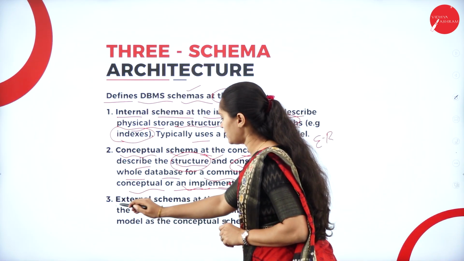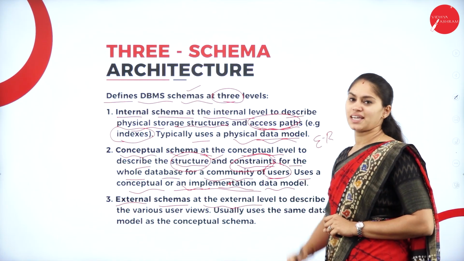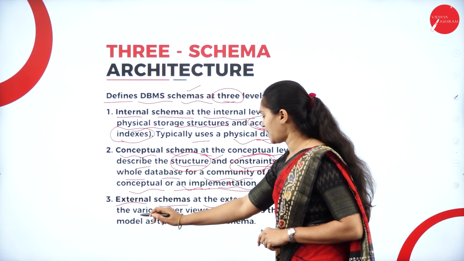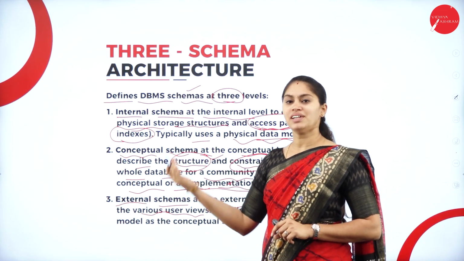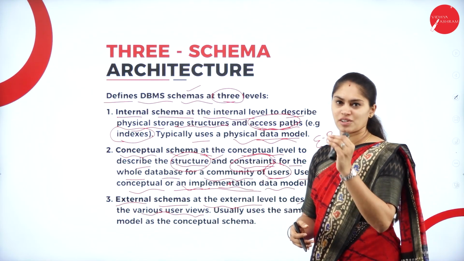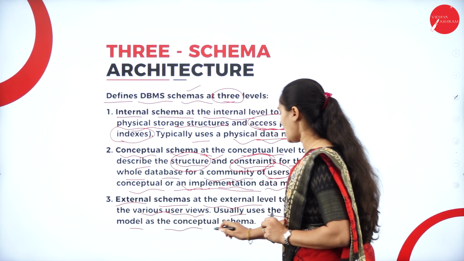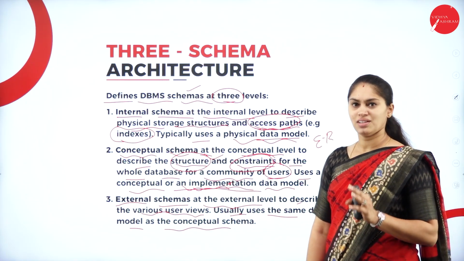At the last level, we have the external schema at the external level. What does it describe? It describes the various user views. As I told, different users are going to have different views, like their GUI will be different from one user to another. It usually uses the same data model as the conceptual schema, so it also uses the implementation data model.